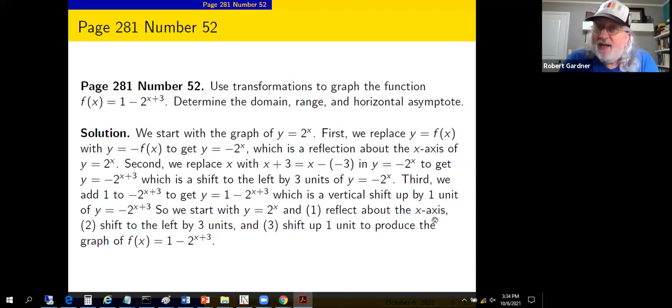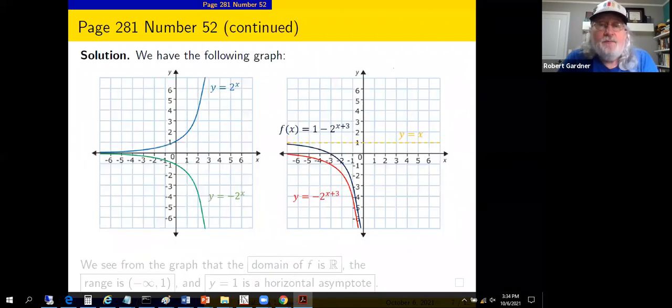First, reflect about the x-axis. Second, shift left by 3 units. Third, shift up by 1 unit. And that will result in this function. So x-axis reflection, left 3 units, up 1 unit. And that gives us the following.